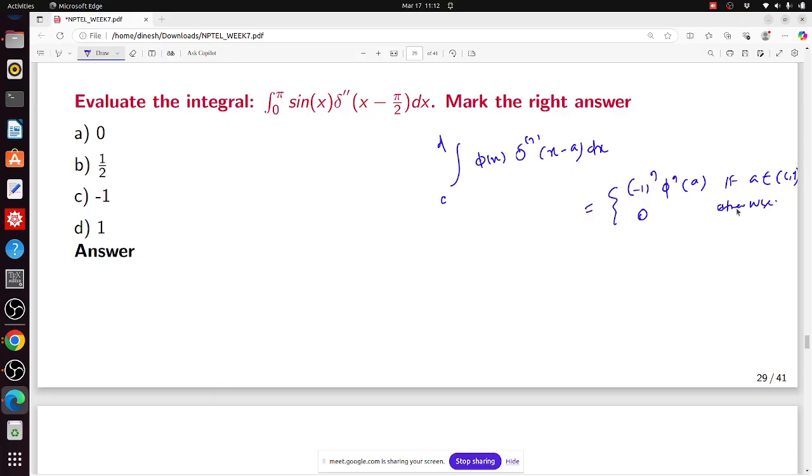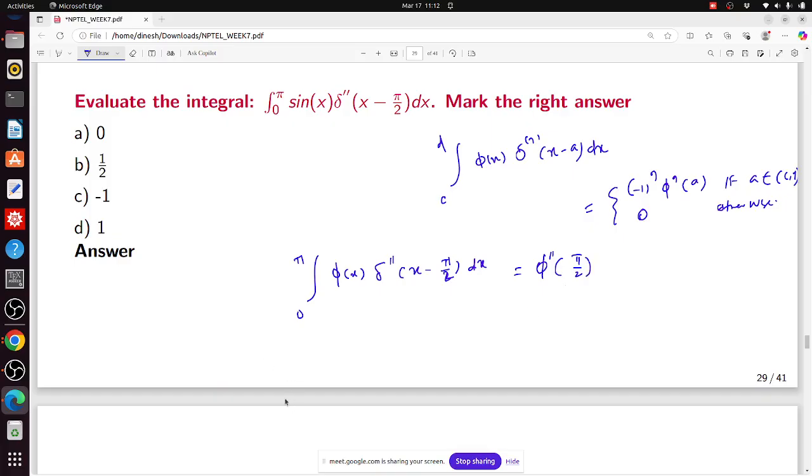So we have the integral from 0 to pi of phi of x delta double prime (x minus pi by 2) dx. So it will be phi double prime at pi by 2.